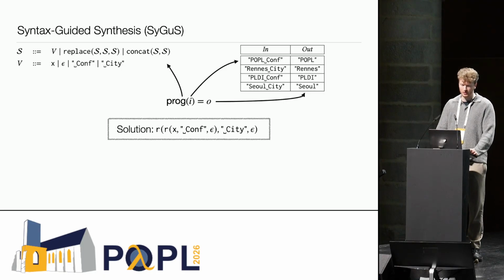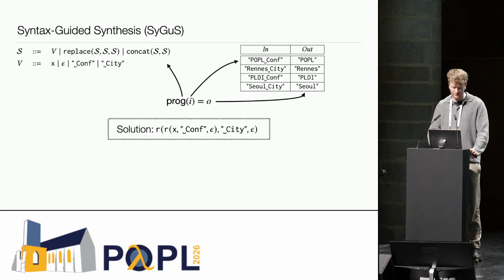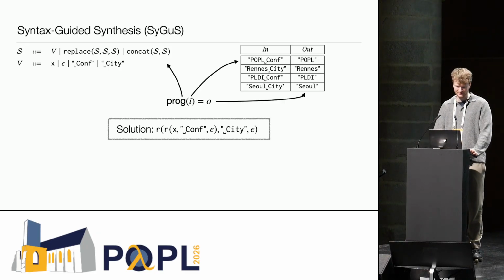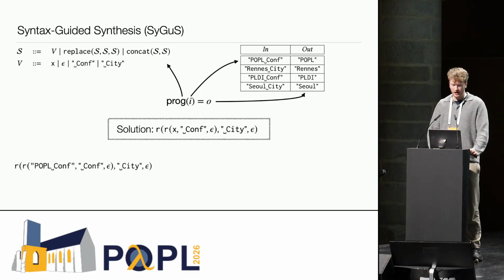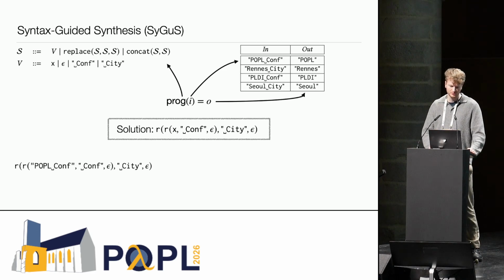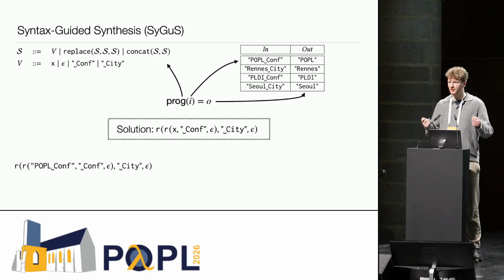The solution to this problem is the following program. I will explain this in more detail right now. So the R is an abbreviation for replace, and we can check that this is a solution by plugging in the first input example.